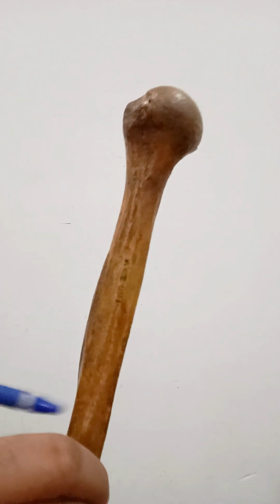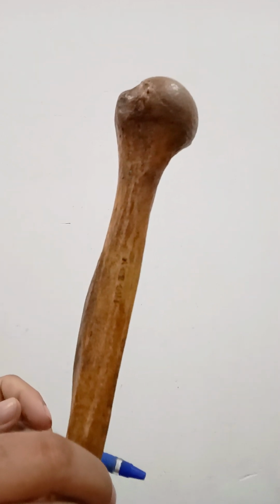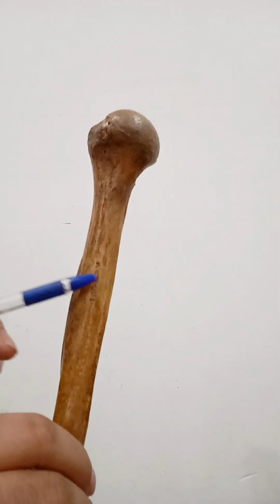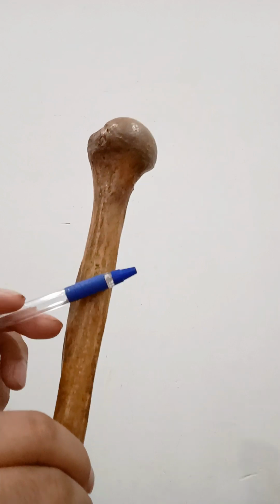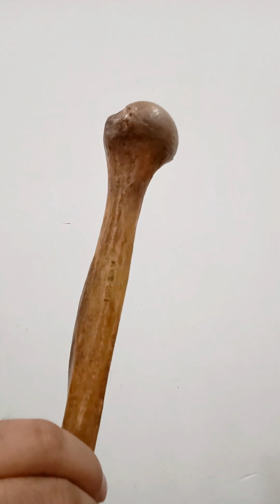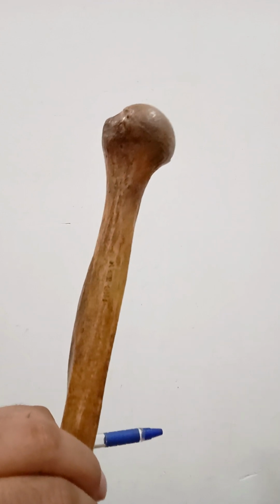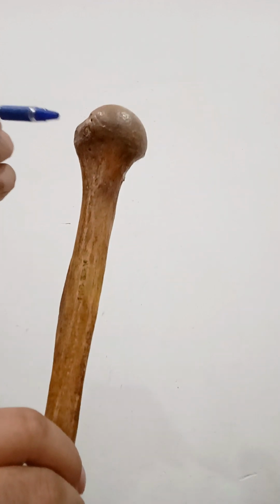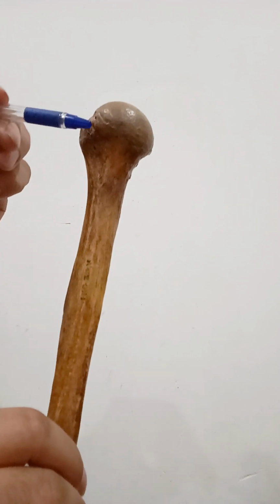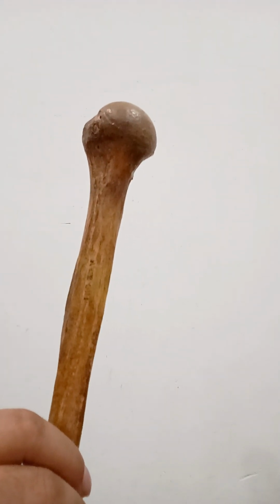Its medial head arises from the posterior surface just below the radial groove. Above the radial groove, the lateral head of the triceps brachii arises.